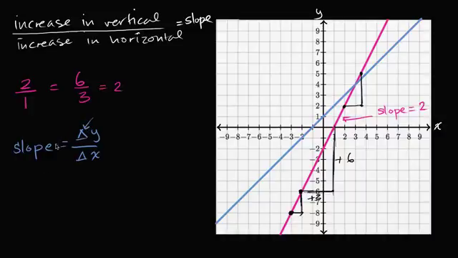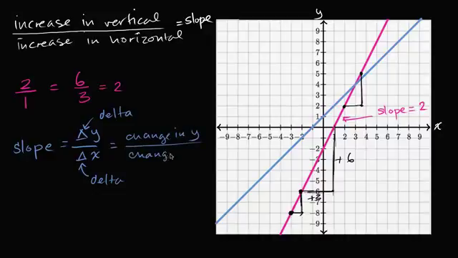Well, this triangle is the Greek letter delta, a math symbol used to represent change in. So it literally means change in y divided by change in x. If we want to find the slope of the blue line, we just ask how much y changes for a given change in x.